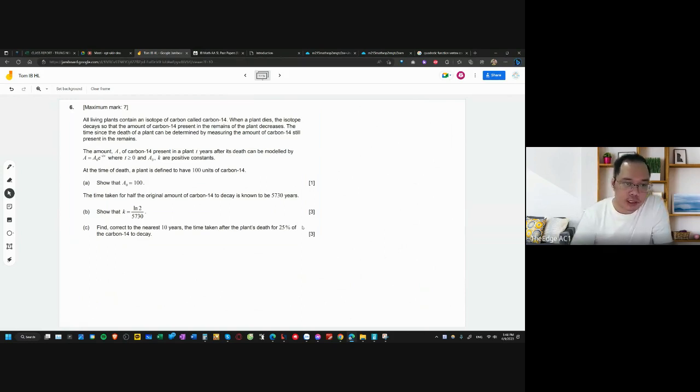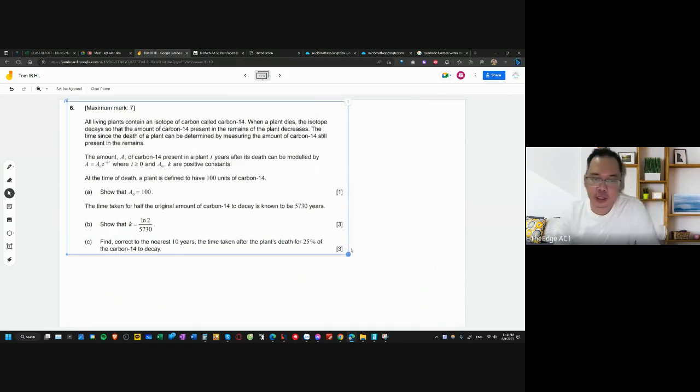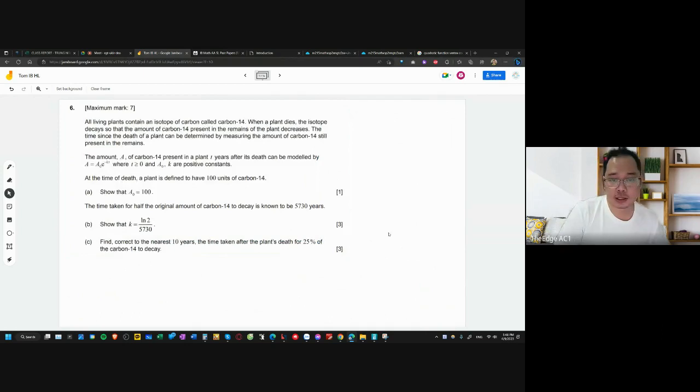All living plants contain an isotope of carbon-14. When a plant dies, the isotope decays so that the amount of carbon-14 present in the remains of the plant decreases. It relates to physics, the radioactive decay. The time since the death of the plant can be determined by measuring the amount of carbon-14 still present in the remains.